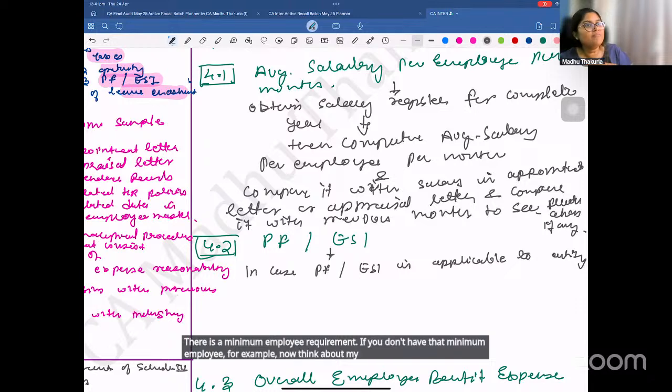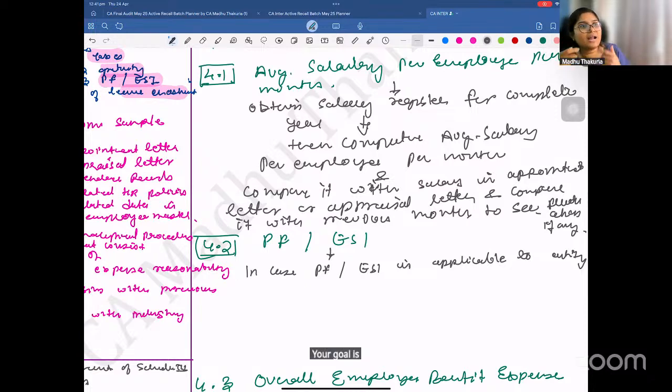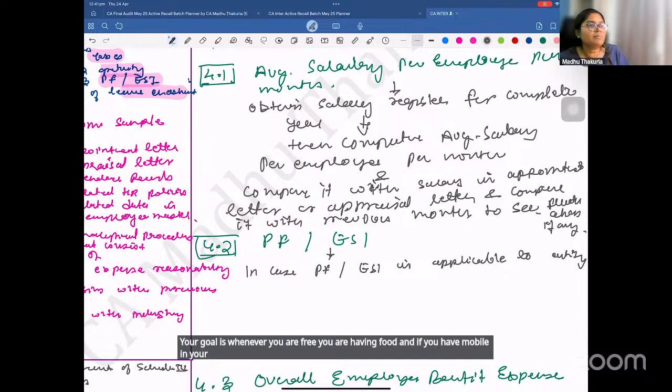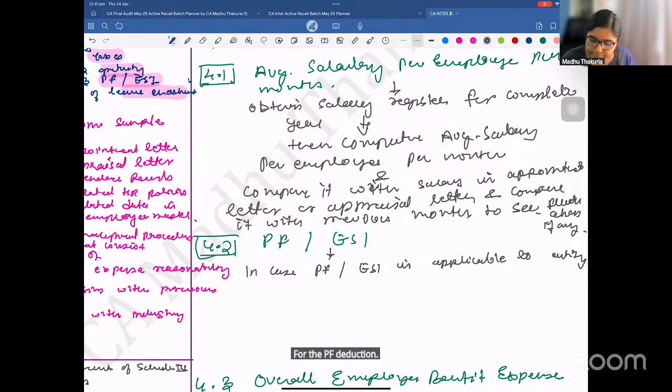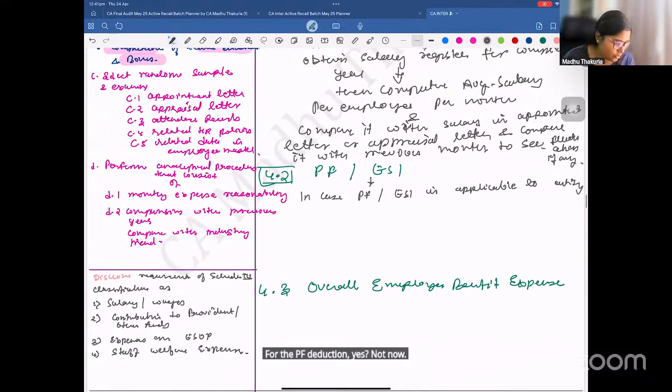I only have me and two of my team members, one who handles my website and one who handles the data. With these three employees, should I deduct PF for the amount that I'm paying to them? No. So there is a requirement. Your goal, whenever you are free or having food, with a mobile in your hand, is to find out the minimum number of employees for PF deduction. Not now, I don't want to know the answer now.